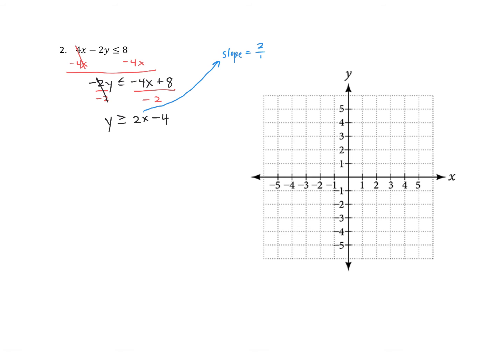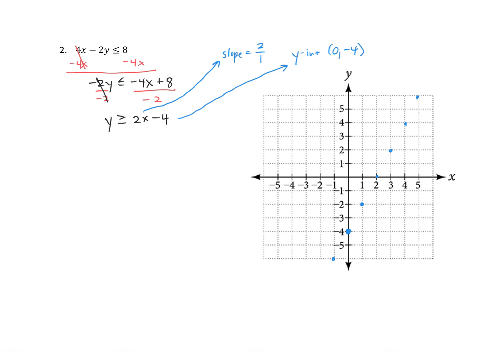And if you want to think of it as 2 over 1, that's fine, because that means you're going to go up 2 and right 1. And then the y-intercept is going to be 0, negative 4. So it crosses the y-axis at negative 4. And then I can go up 2 over 1 and keep doing that. Or I could go down to left 1. All those dots should lie on the line.